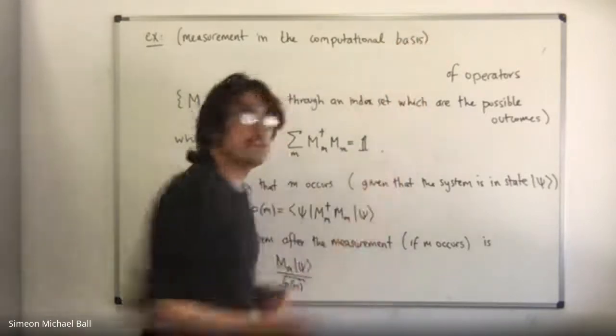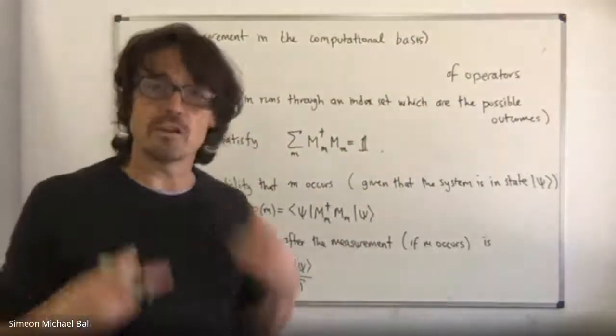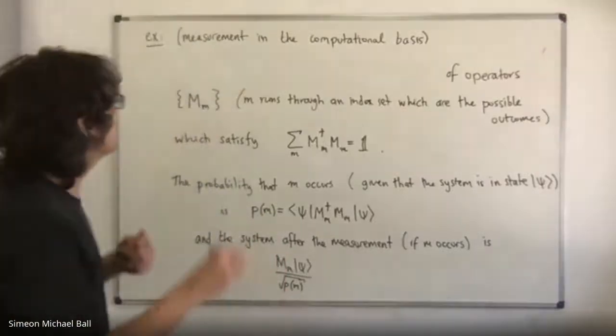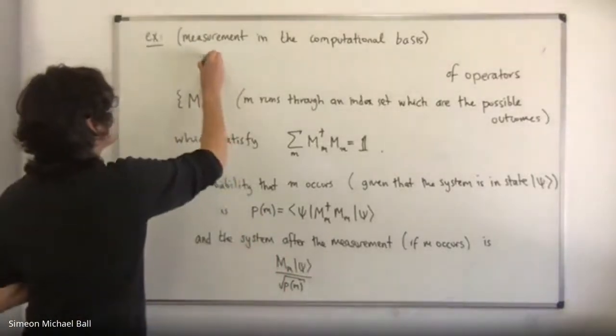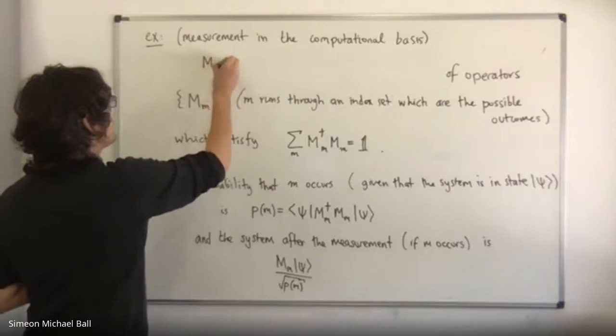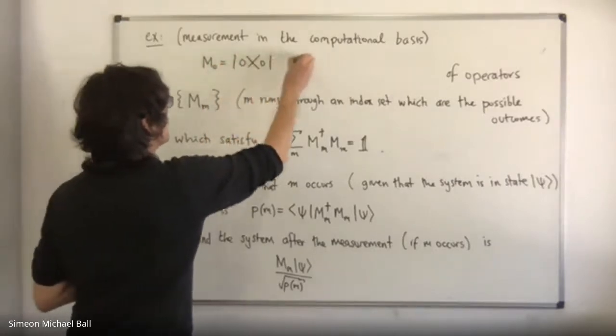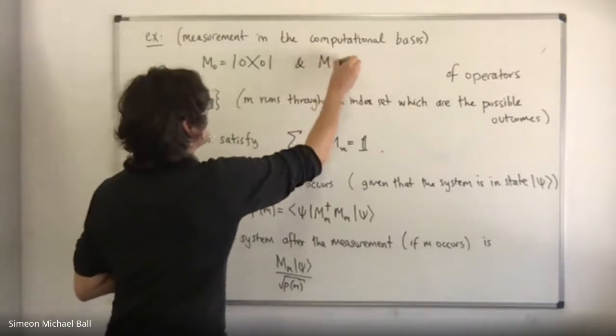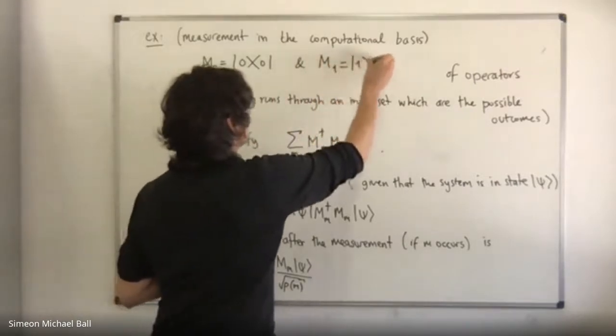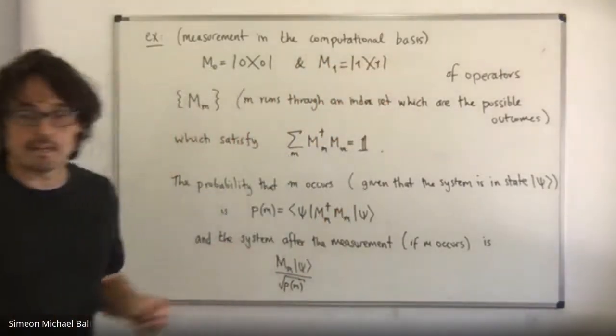You see really that it's just a generalization of the idea that we already had. If we define M_0 as this, then this will be exactly what we had before.